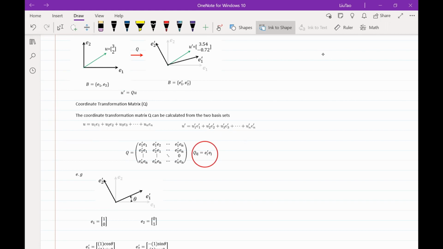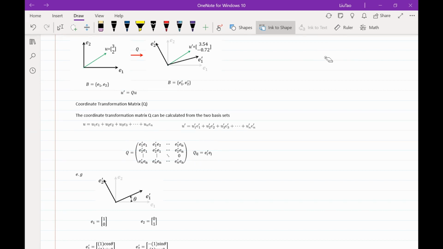For example, Q11 is equal to E1 prime times E1, and Q12 is equal to E1 prime times E2, and so on and so forth.